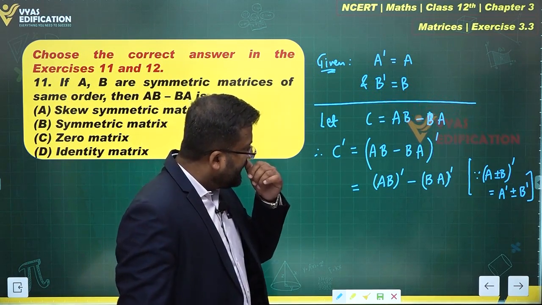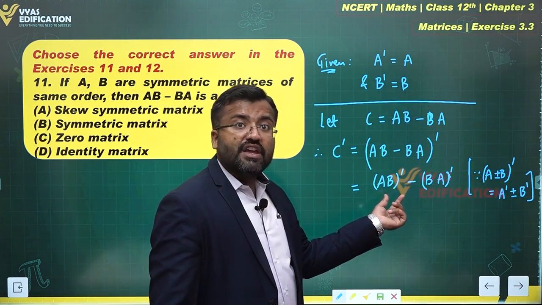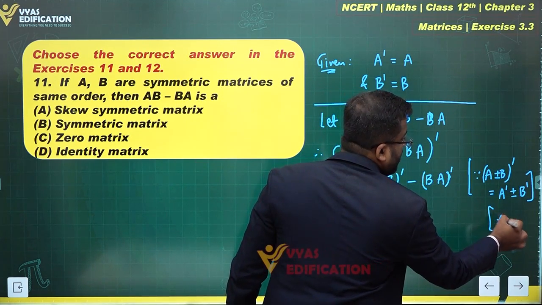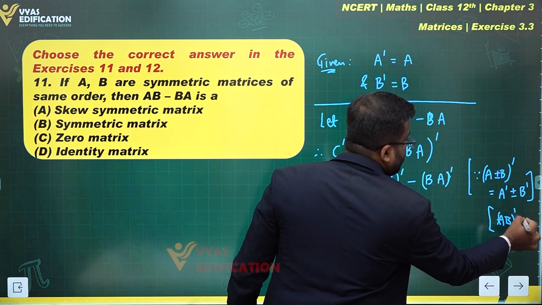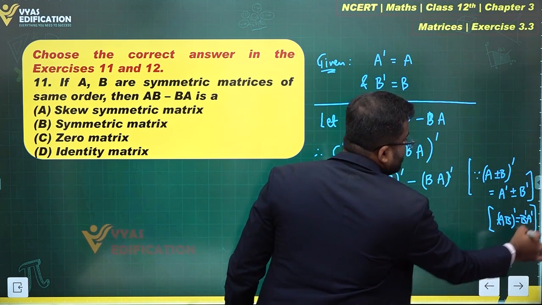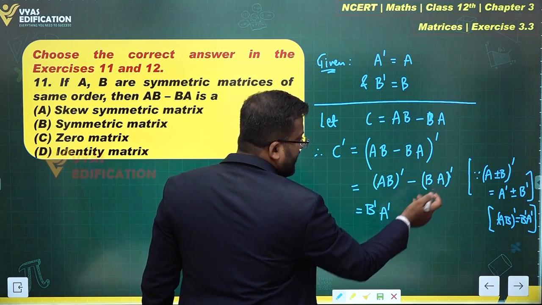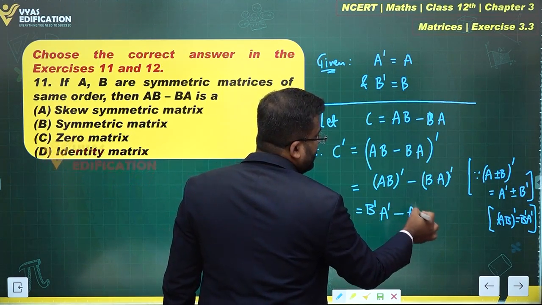What next? The product AB and its transpose would be simplified using this property. This is B transpose A transpose. Similarly, reversing the order, BA transpose becomes A transpose B transpose.